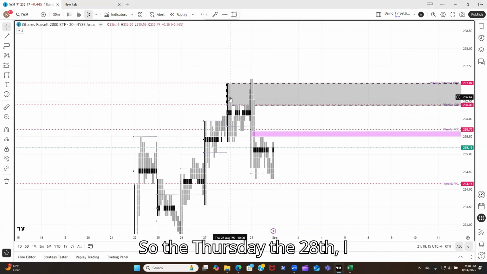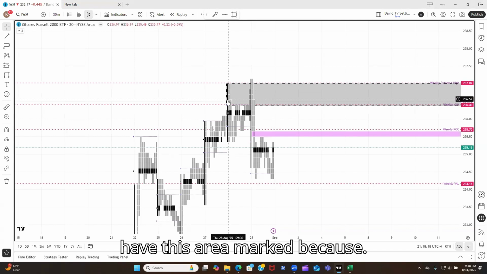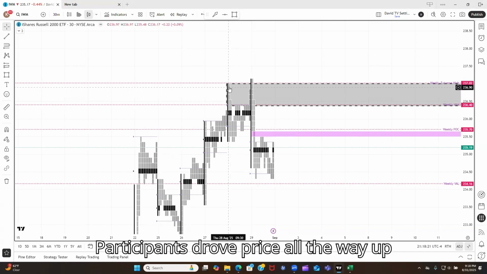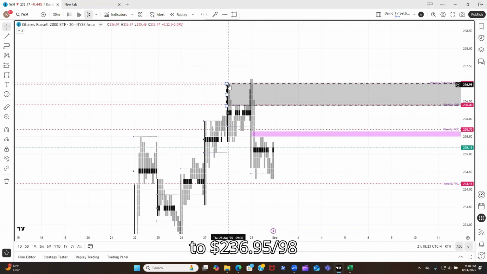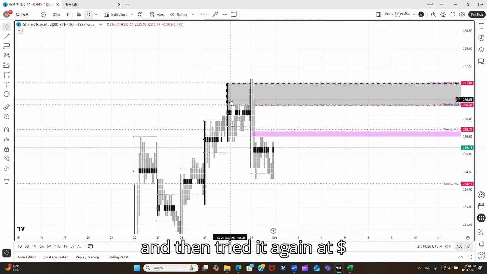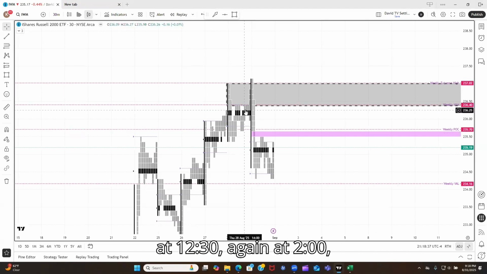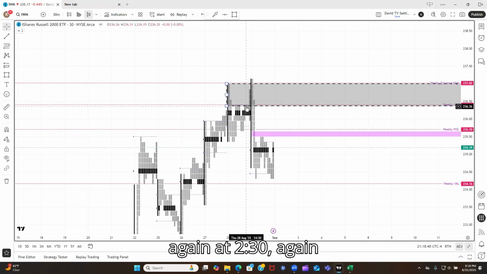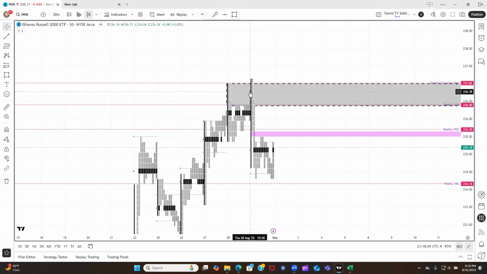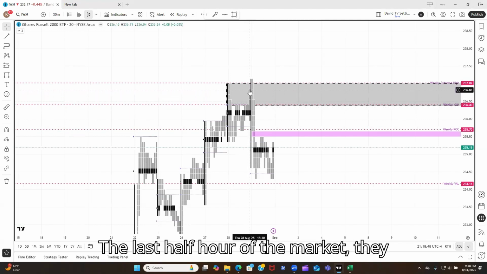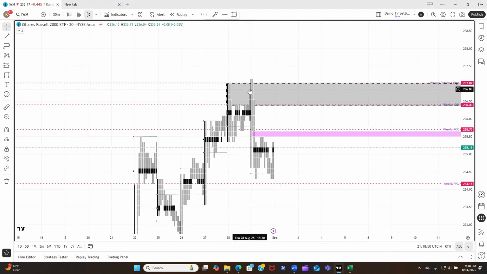So the Thursday the 28th, I have this area marked because participants drove price all the way up to 236.98, and then tried it again at 236.55, tried it here at 11:30 at 236.36, again at 12, again at 12:30, again at 2 o'clock, again at 2:30, again at 3 o'clock, and then finally the last half hour of the market, they try to drive price all the way up to 236.85 before failing.